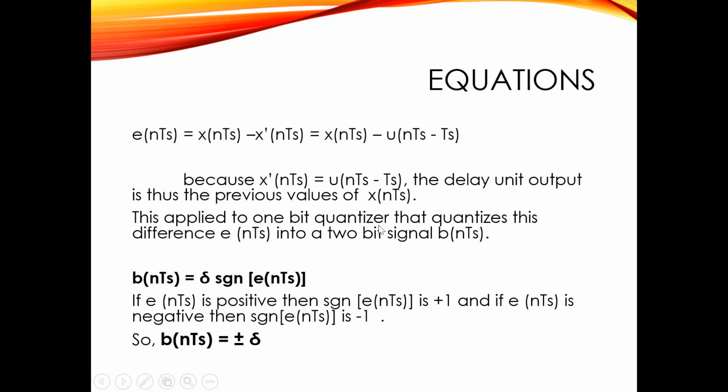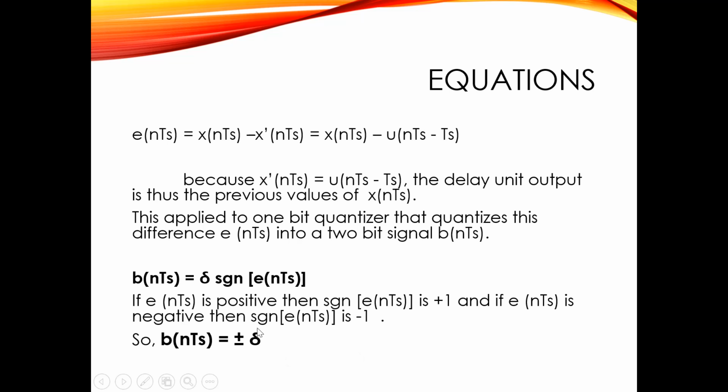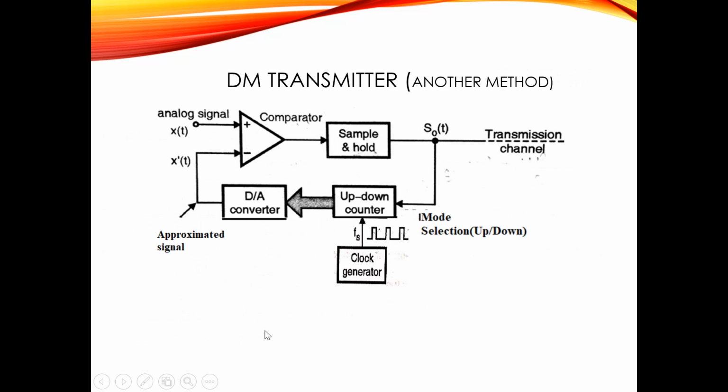This is applied to the 1-bit quantizer that quantizes this difference e of nTs into a 2-level signal, that is b of nTs. So b of nTs is delta times the signum function of e of nTs. If e of nTs is positive, then the signum function of e of nTs is plus 1, otherwise it is minus 1. Depending on this, we can see that b of nTs, that is the delta modulator output, is plus delta or minus delta, that's it.